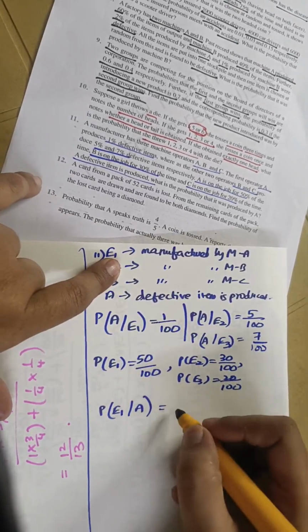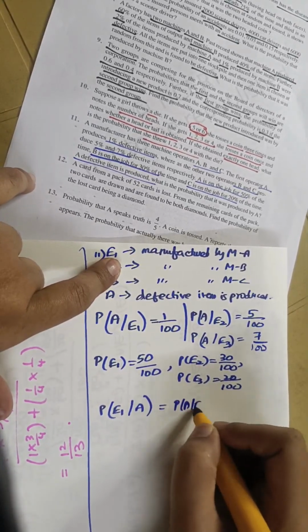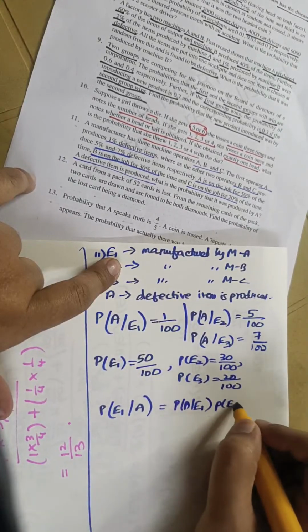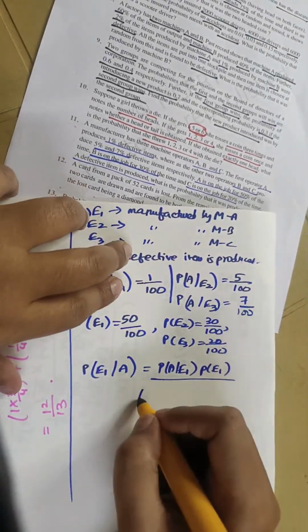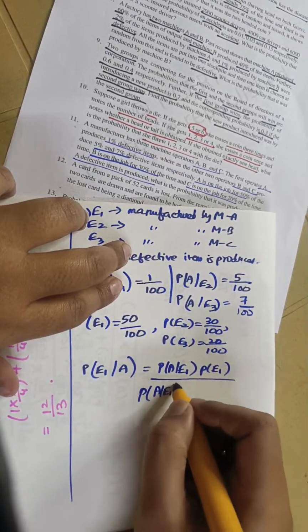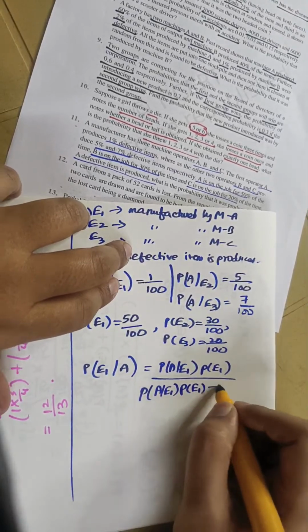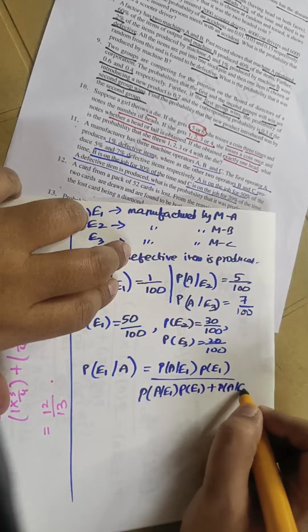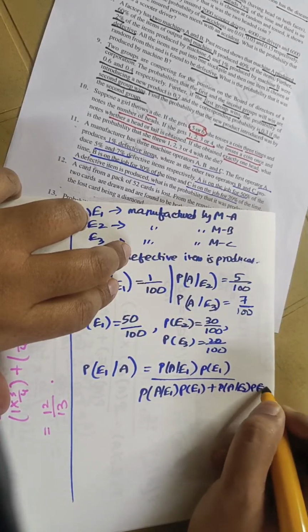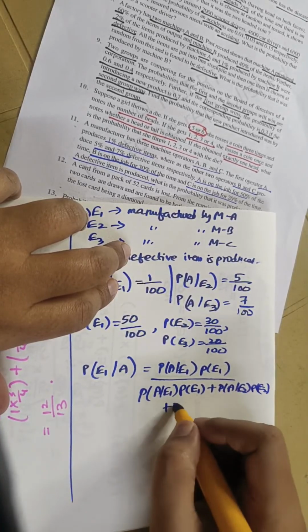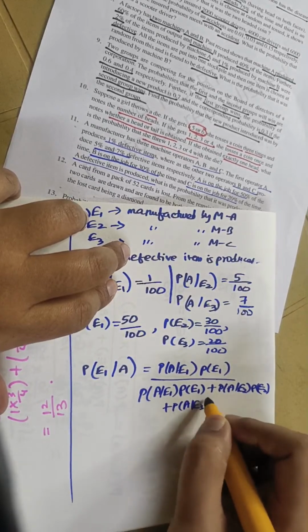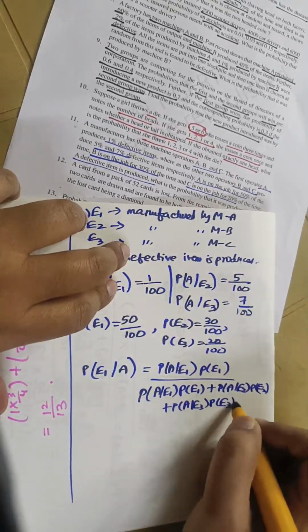So, using Bayes theorem, P of A slash E1 into P of E1 by P of A slash E1 into P of E1 plus P of A slash E2 into P of E2 plus P of A slash E3 into P of E3.